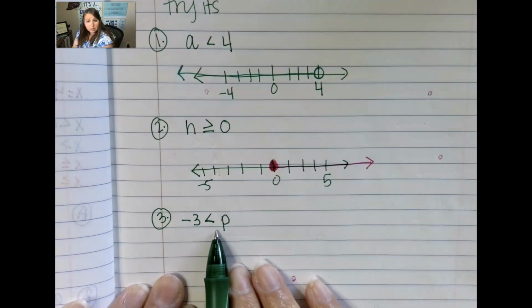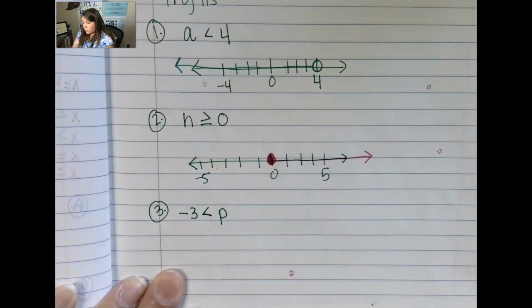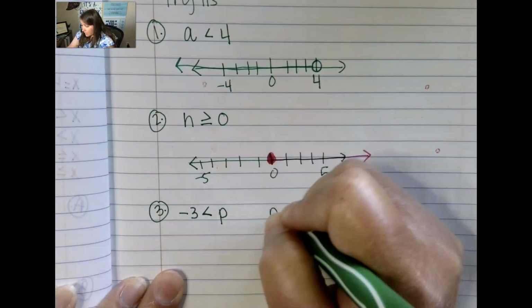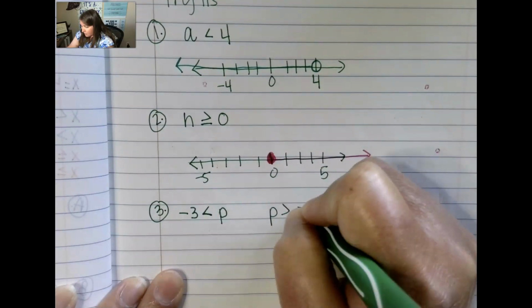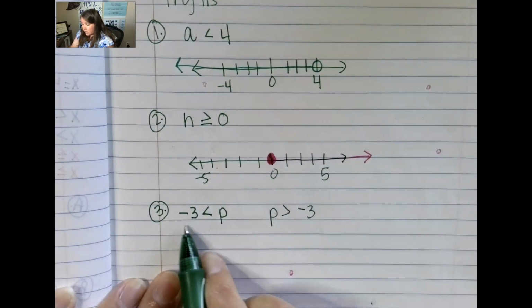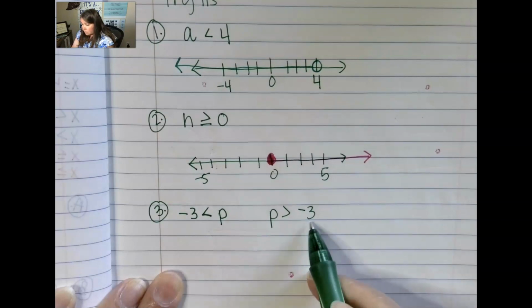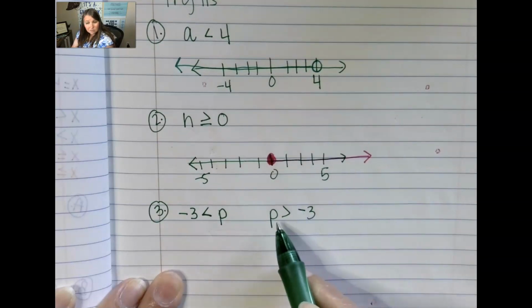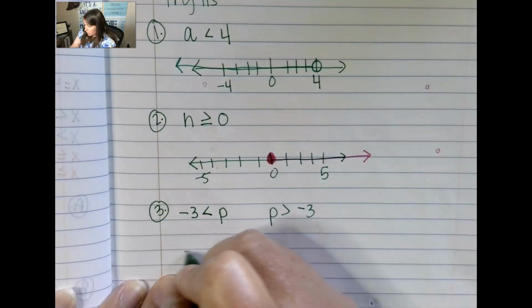All right, last one. This one looks weird. It doesn't start with my variable, so I'm going to rewrite this. So p is greater than -3. Right now it says -3 is less than p. It still means the exact same thing. So we're going to come over here and draw our number line.